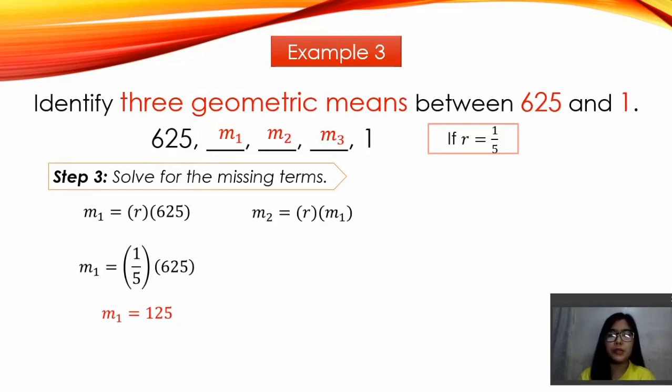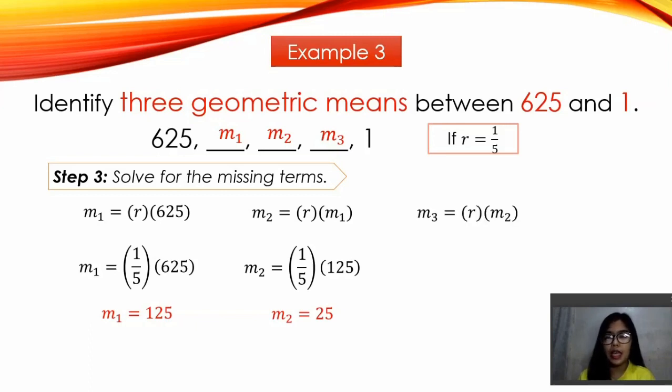Now, to find m sub 2, that is the product of the common ratio and m sub 1. Okay? So, substitute natin yung r and then yung m sub 1. That is 1/5 times 125. Then, multiplying them, we will get 25. Okay? Last, m sub 3 is equal to r times m sub 2 or yung pangalawang geometric mean. That is 1/5 times 25.